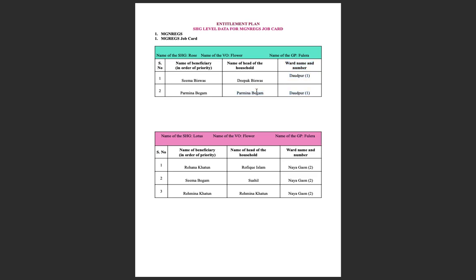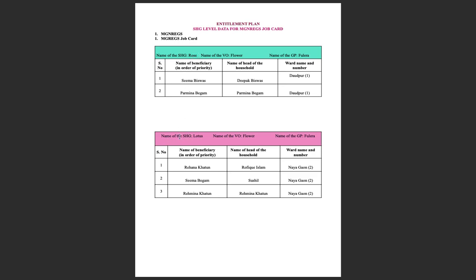It means that if Parmeena Begum is the beneficiary and she is a single woman living all alone and she is only the head of the family, or even if she lives with her family and she's the one who heads the family, her name will only come in the column of head of the household. So if the beneficiary is the head of the household, the name of the beneficiary and the head of the household will be the same, and the ward name and number remains the same, which is Daudpur ward name and the ward number being 1. So this was for Rose SHG.